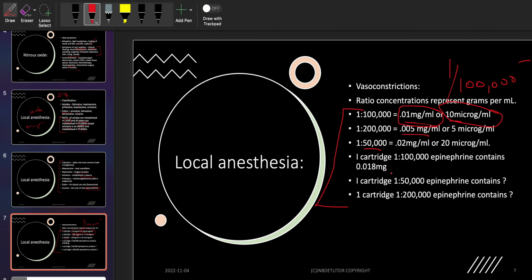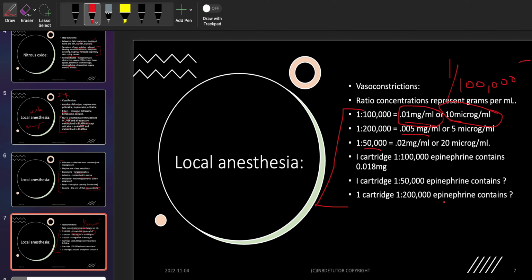Now, another thing I want to cover is that one cartridge of 1 is to 100,000, how much epinephrine will it contain? It will contain 0.018 milligram. And if I have to talk about 1 is to 50,000 epinephrine, it will contain 0.036 milligram per cartridge, and 1 is to 200,000 will contain 0.009 milligram per cartridge.